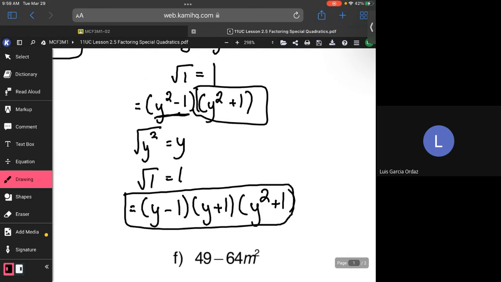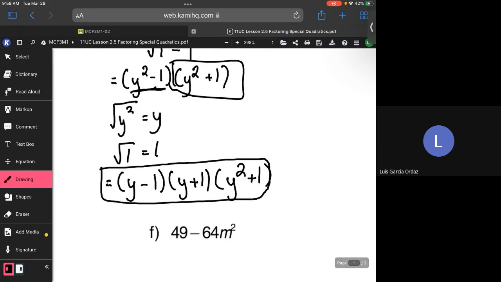This one, we were able to get x minus 1 and x plus 1 because x squared minus 1 follows the rules of difference of squares, because there's a subtraction in the middle, right? However, x squared plus 1 has a positive. Difference means subtraction. Because it's a positive, there's no such thing as an addition of squares. You just leave it as is.